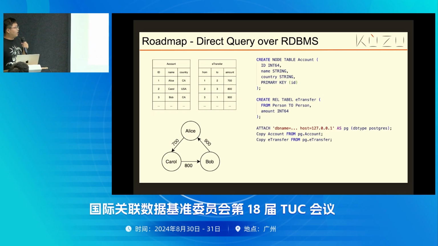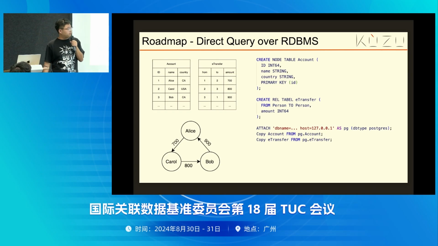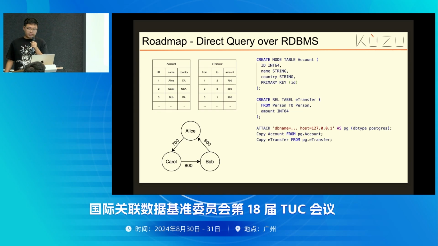Finally, I will give a preview of what we are currently working on and what hopefully we can deliver by the end of this year. One thing that we have put a lot of effort on recently is what we call direct query over relational databases.